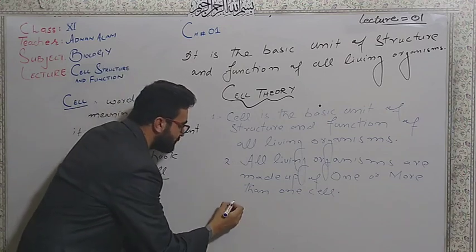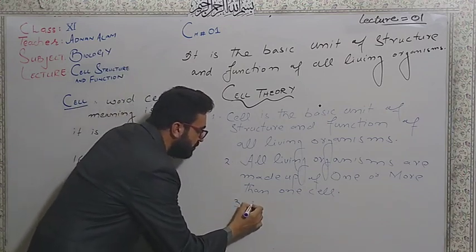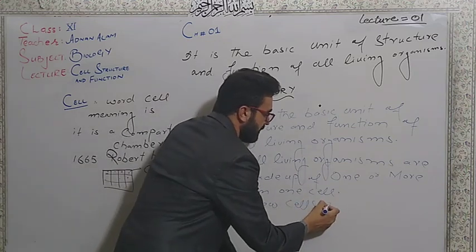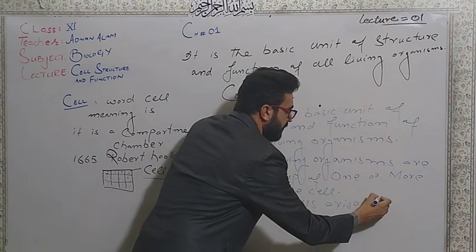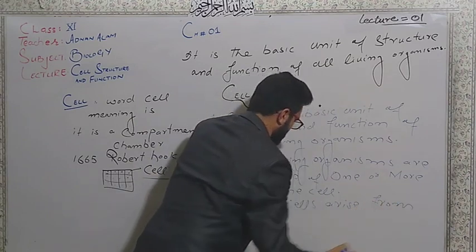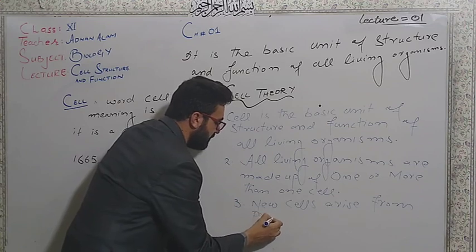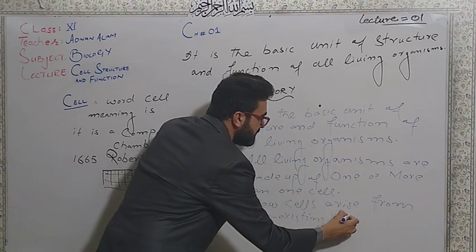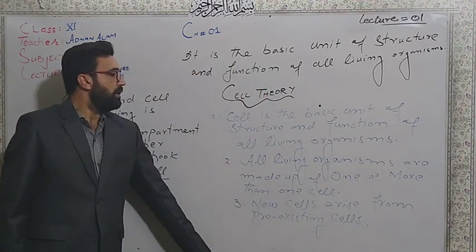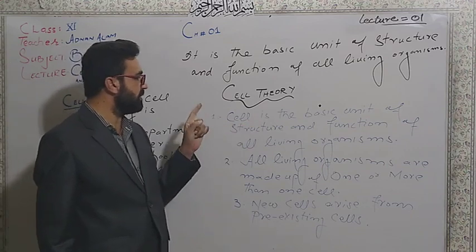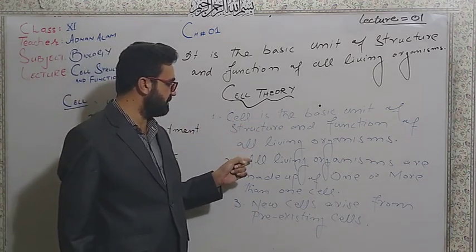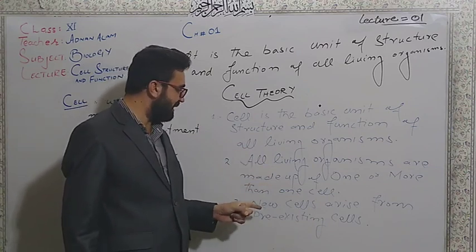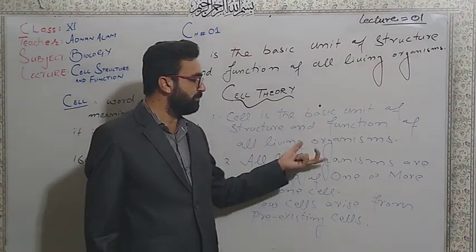And the third and the last point, that new cells arise from pre-existing cells. Cell is the basic unit of structure and function of all living organisms. All living organisms are made up of one or more than one cell, and new cells arise from pre-existing cells.